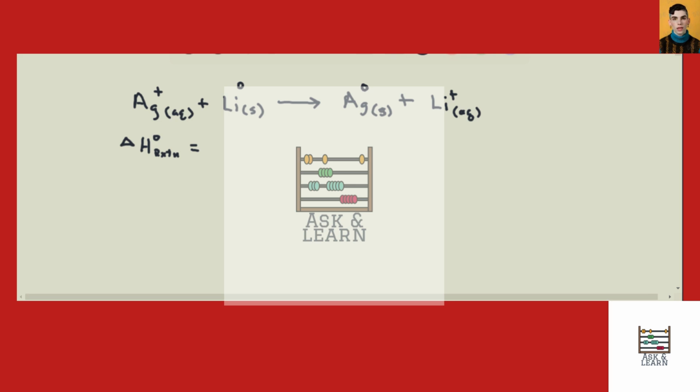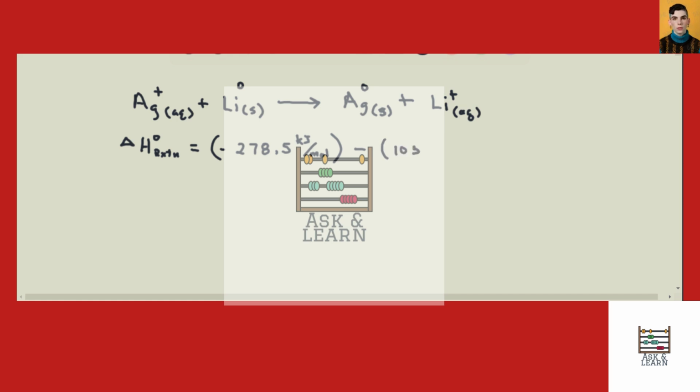So we need to look up the lithium ion. The lithium ion's heat of formation is negative 278.5 kilojoules per mole. And then we want to subtract the heat of formation for the silver ions.